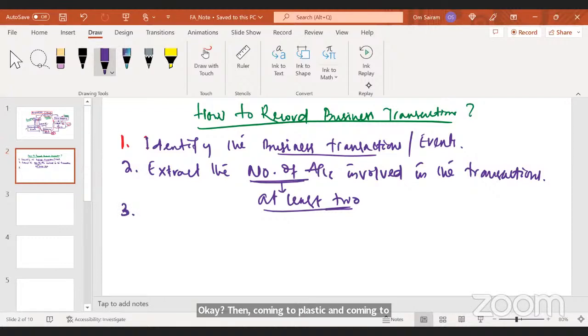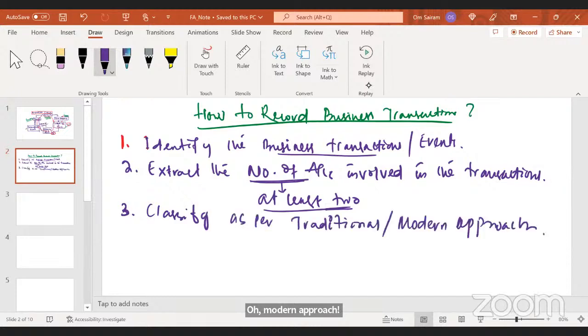Then coming to the third step. What is the third step? Classify. Modern approach. The accounts we have already extracted in step number 2 must be classified as per the traditional approach or as per the modern approach. This is step number 3.